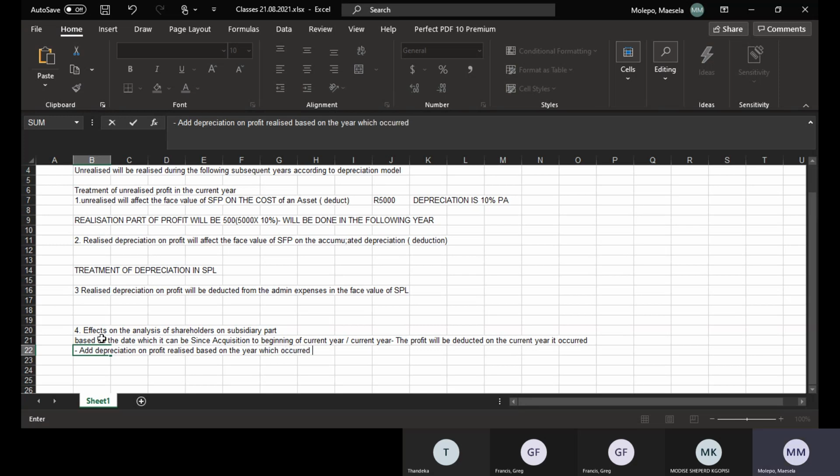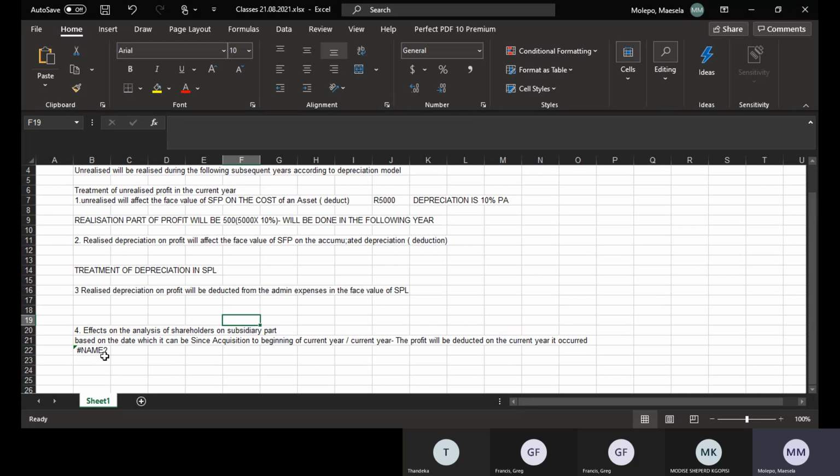So in our case, it will be last year's realization. Since we have a profit of 5,000, and then we said our depreciation is 500, our 500 of the last year will now be added in the current year.